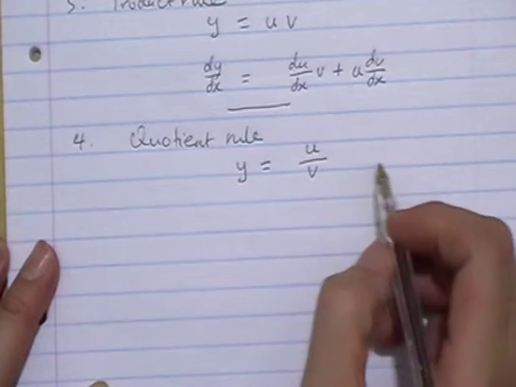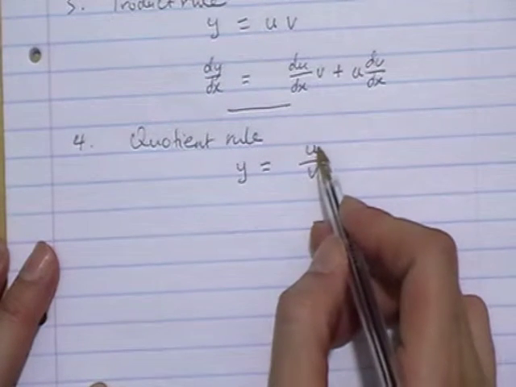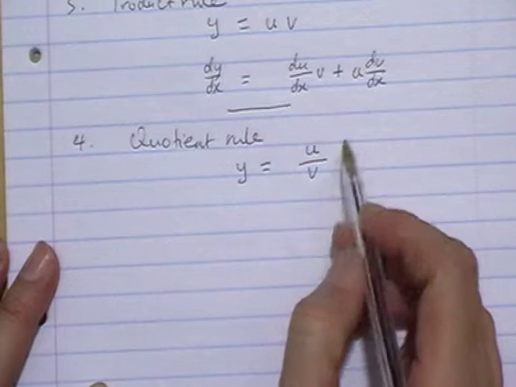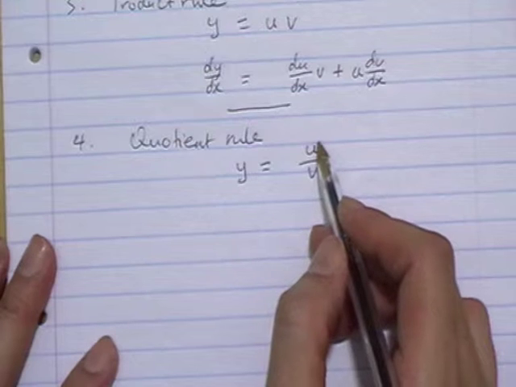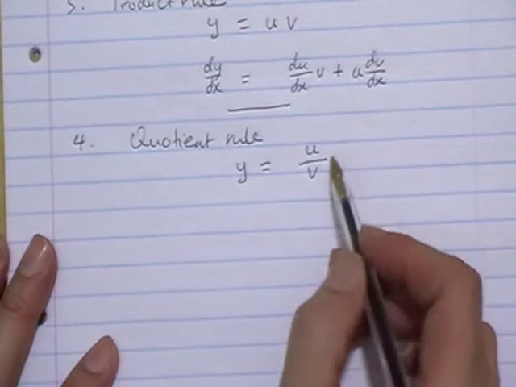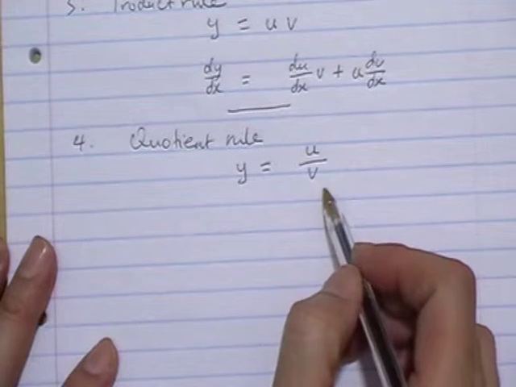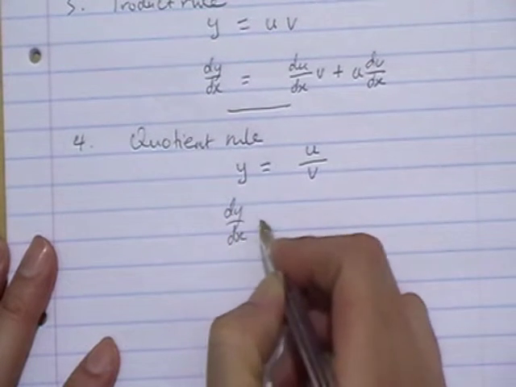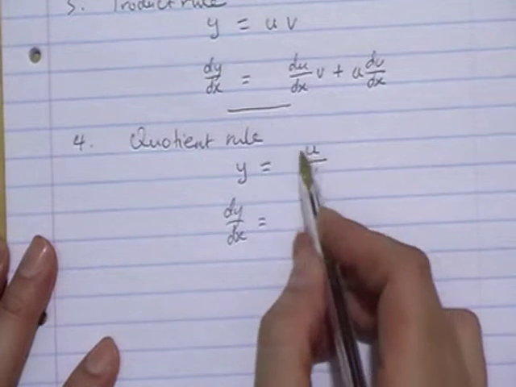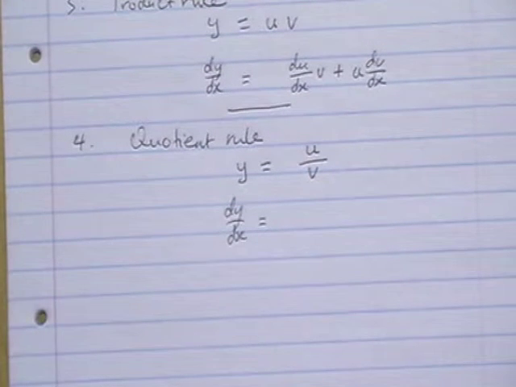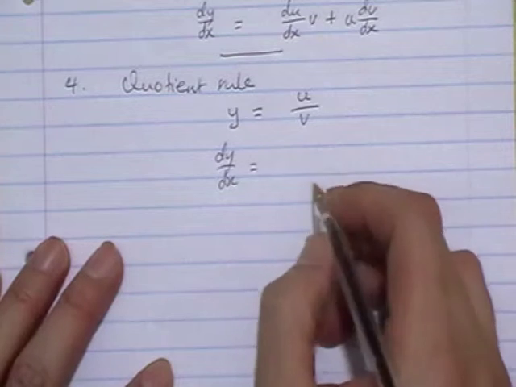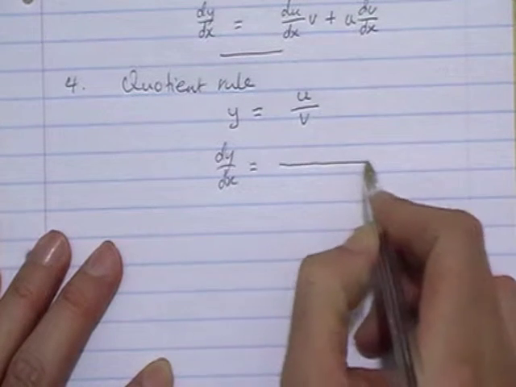Once again, if we know the separate du dx and dv dx, if we know how to differentiate these separately, can we use those results to find dy dx, to find the derivative of this quotient without doing a separate differentiation? The answer is we can, and this is the quotient rule.